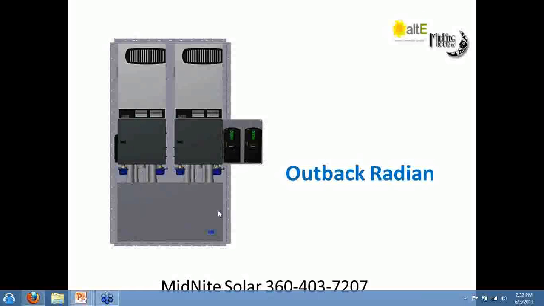You can put the battery combiner in and run equal distance cables for every string, and that way the resistance will stay about the same, and they'll charge much more evenly than if you paralleled 8 strings together and fed it cross corner. The middle strings would probably never really get charged very well in that scenario. So it's a very useful box. You can find it on our price list under battery accessories. Any questions on that, get a hold of Alti or us here at MidNite.